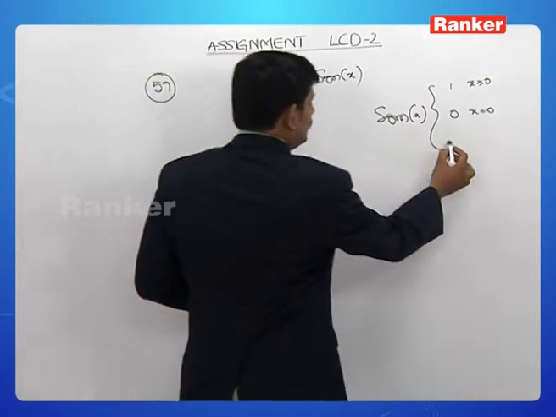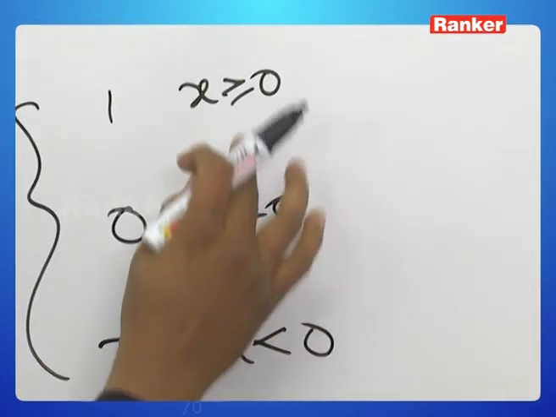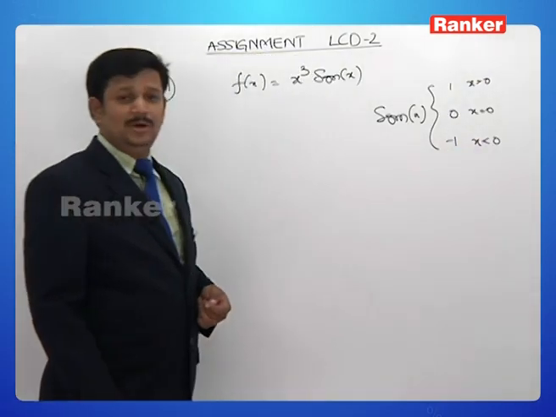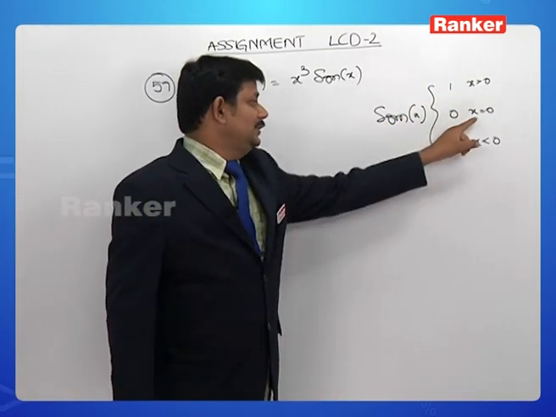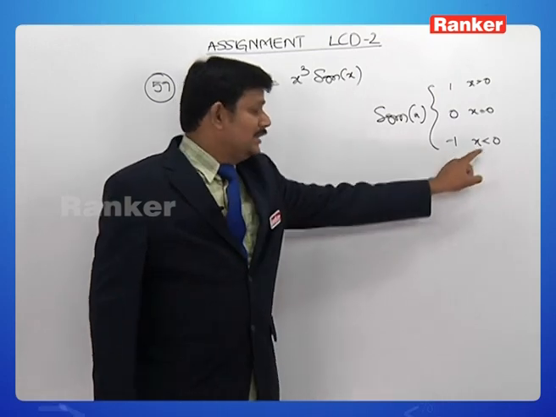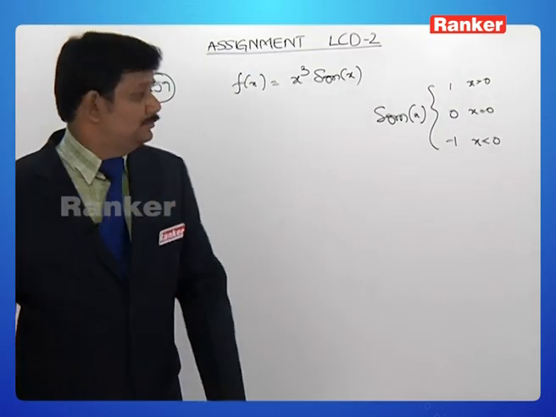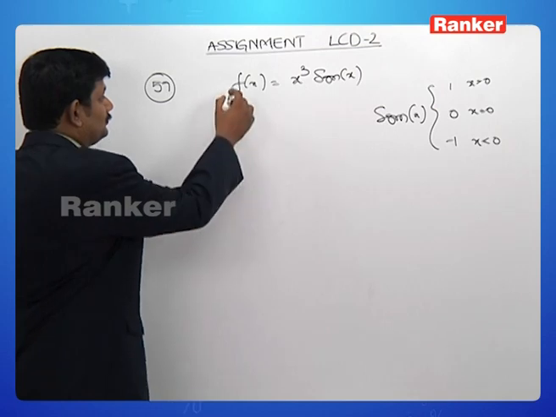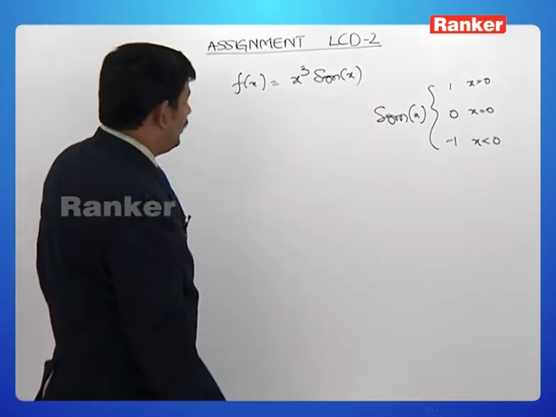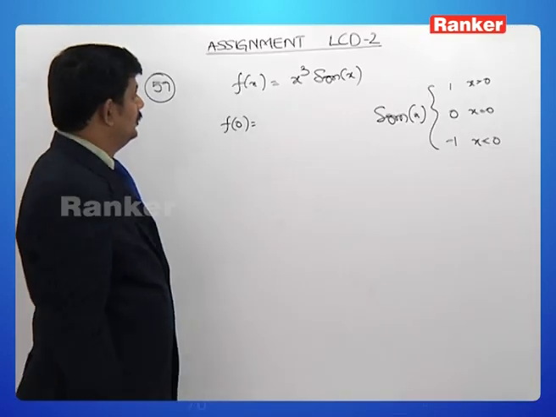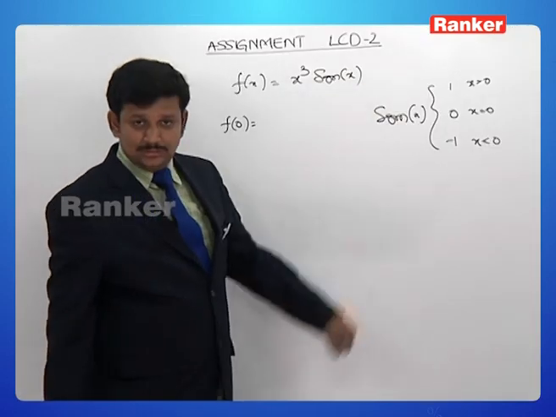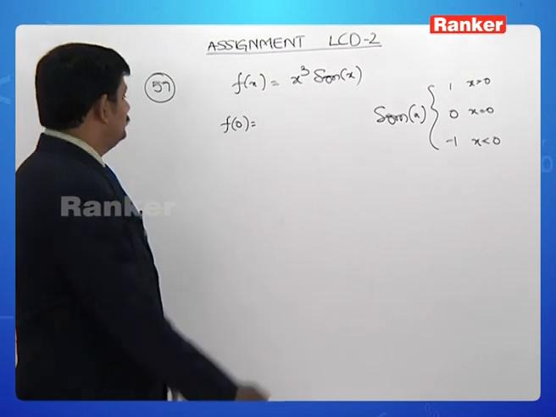Signum of x is 1 whenever x is greater than 0, 0 when x is equal to 0, and minus 1 whenever x is less than 0. Now, let us look at continuity of f of x at 0. F of 0, signum of 0 is 0, into whatever would be 0.